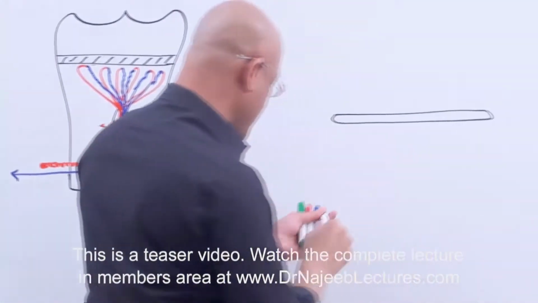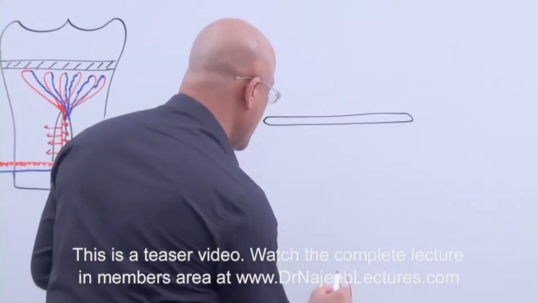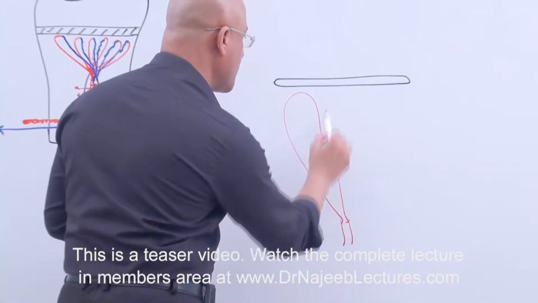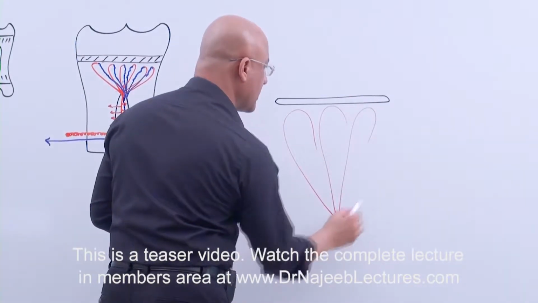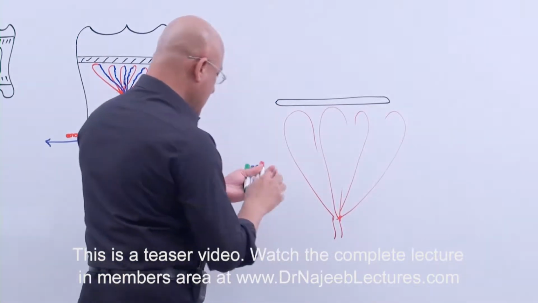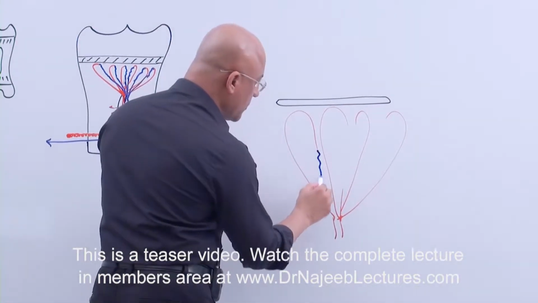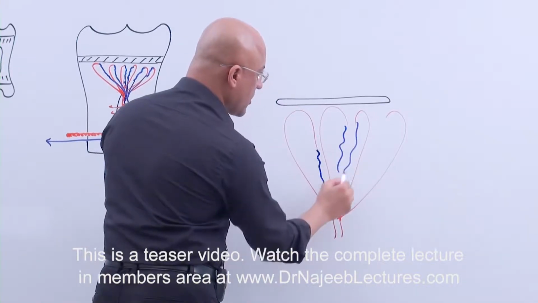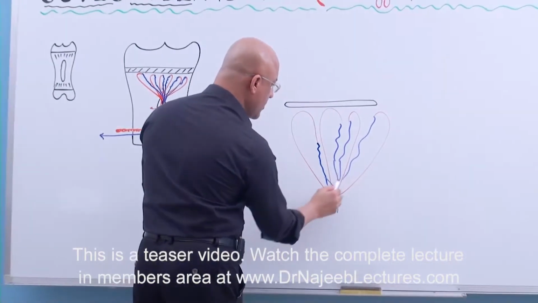This is the growth plate. Here was the artery, and it made the, what was this? Hairpin turns here, right? And then they were draining into sinusoids, right?